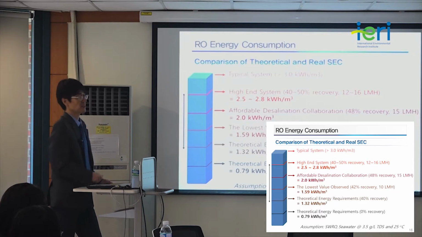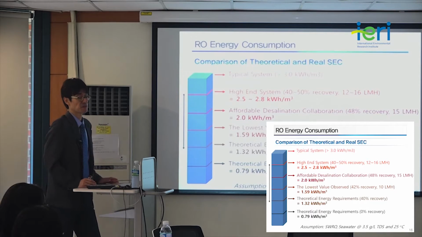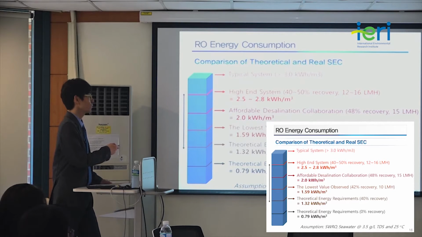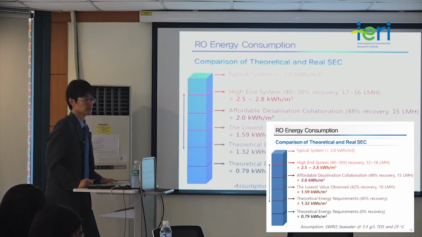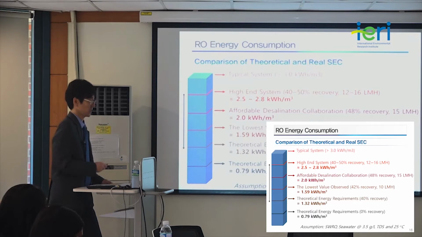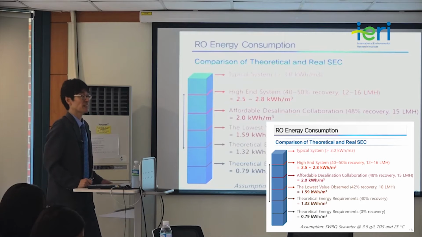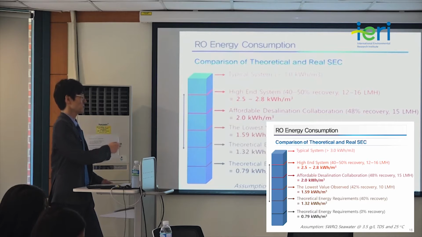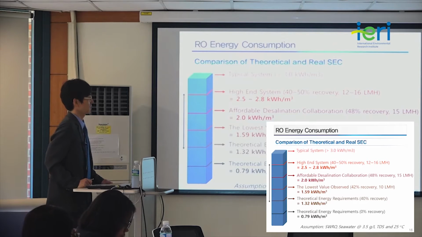And by considering other efficiency issues like the pump efficiency and membrane efficiency and other operational efficiencies, it can increase up to 2.0 kilowatt hour per cubic meter, which is probably one of the lowest energy consumptions recorded in a report. And in a real large-scale seawater desalination plant, we'll talk about energy consumption around 2.5 to 3.5 kilowatt hour per cubic meter.